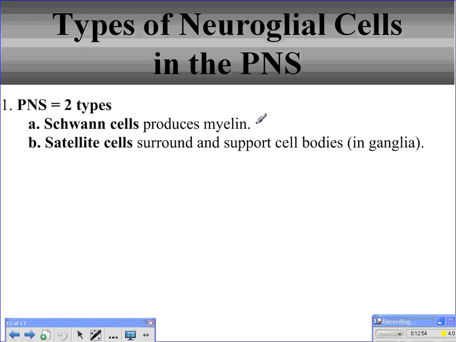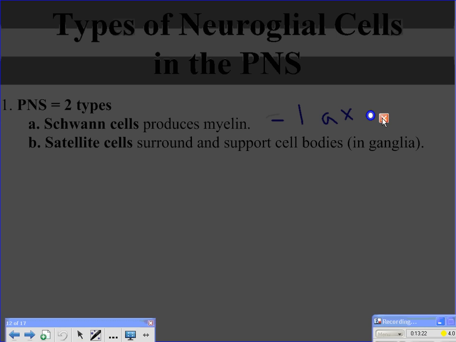We've already talked about Schwann cells in section number 3. Schwann cells are the cells that wrap around an axon and produce myelin, myelinating those axons of the cells in the peripheral nervous system. One thing to note here, one cell can only operate around one axon.